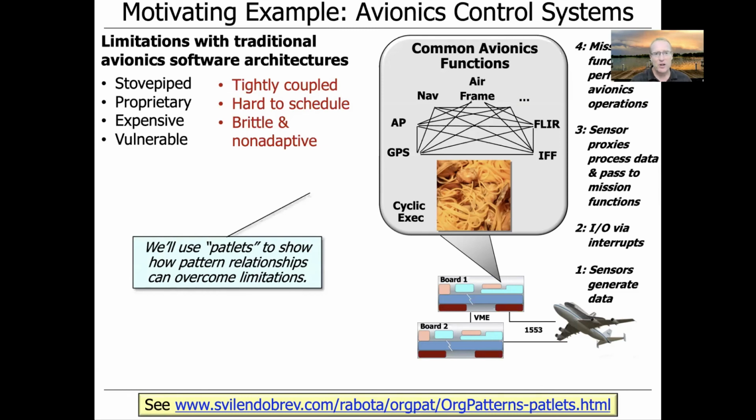Now, in this particular case, we're going to be looking at kind of a stripped down pattern form known as Patlets. And these Patlets are just really talking about kind of the context, the problem, and then the solution with patterns, of course, that are applied to address the problems within the domain of avionics computing systems in this particular context. But be aware that this format, this Patlet format, is very common.